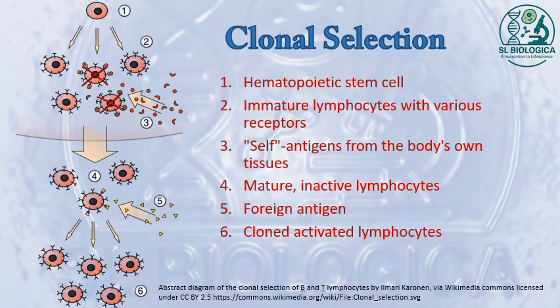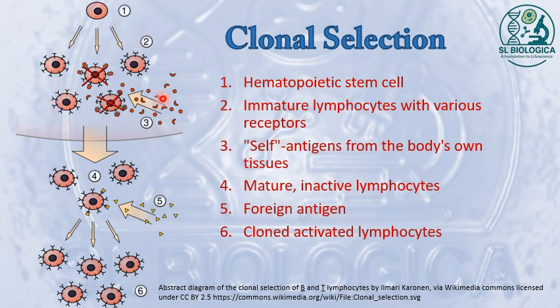So let's look deeper into the process of clonal selection. Here is a pictorial representation of the clonal selection process. The first one is the hematopoietic stem cells, which differentiate into the various lymphocytes. The second one is the lymphocytes. The immature lymphocytes are there.